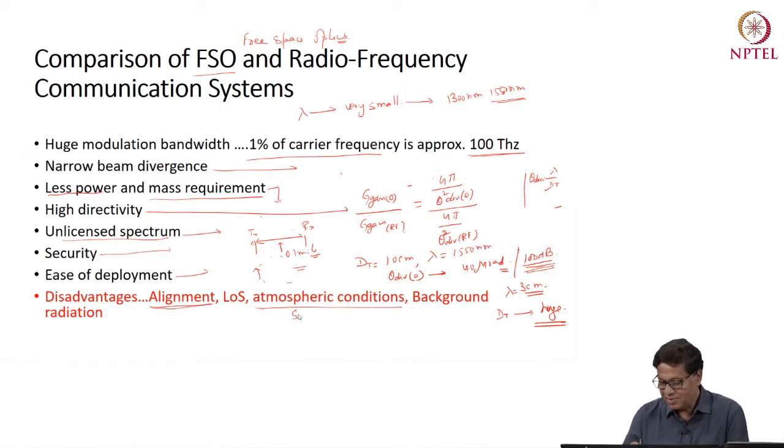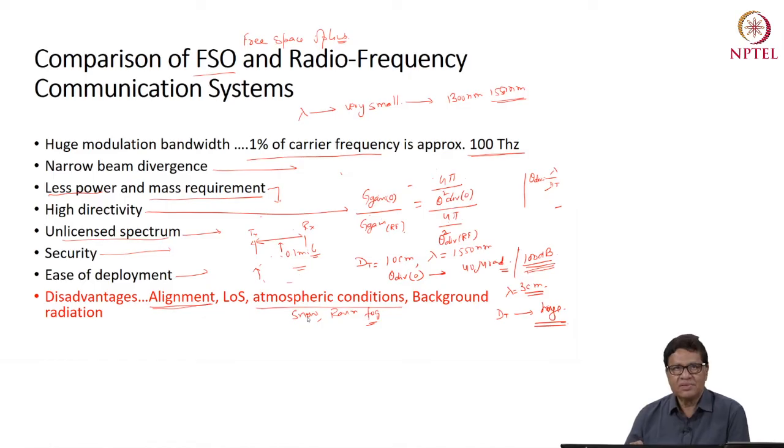As I mentioned earlier, the attenuation of the signal or the scattering of the optical signal depends on the environment. For example, snow will have some effect, rain, fog. So all these conditions are going to have the effect of absorption or scattering happening here. So the channel is actually dependent on the atmospheric conditions in a big way.